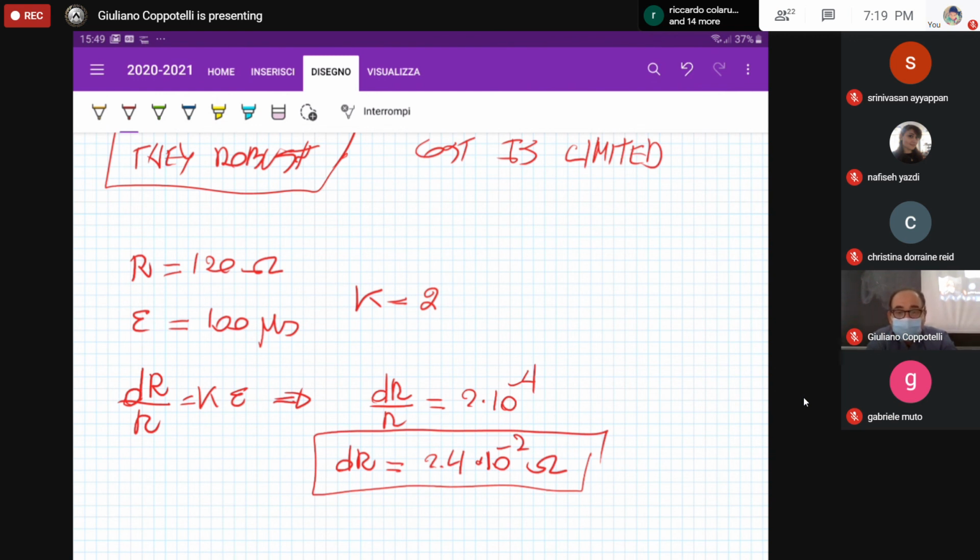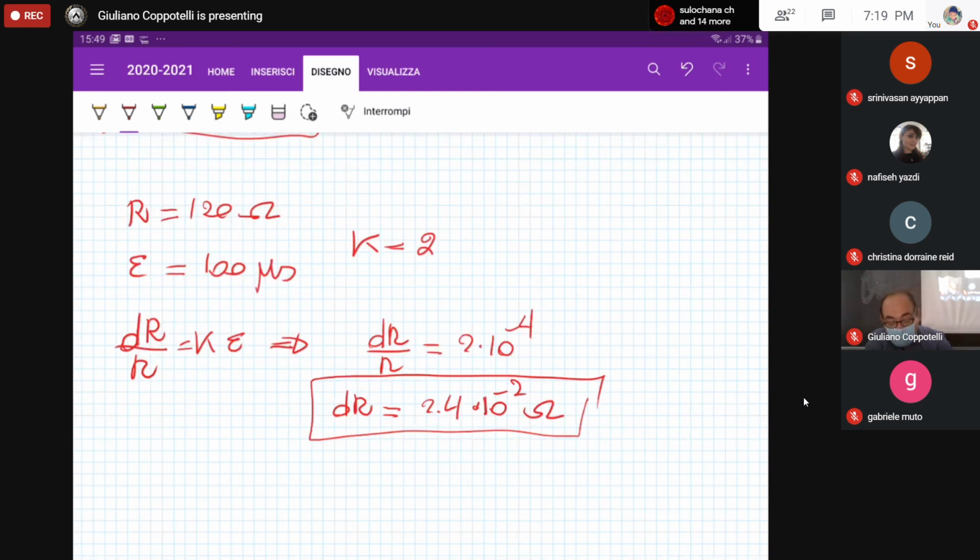What you find is that the relative change of resistance is about 2 times 10 to the negative 4, or the variation of the resistance is 2 something times 10 to the negative 2 ohms. That is, in the typical working condition, we have a very tiny change of resistance.